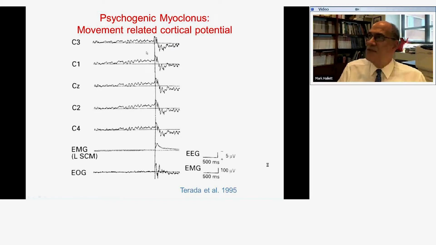Now, patients that have psychogenic myoclonus have this in an involuntary situation. So the Bereitschaft potential doesn't indicate voluntariness. What it indicates is activation of area 6, the supplementary motor area and the lateral premotor cortex. And one can see this in psychogenic myoclonus.